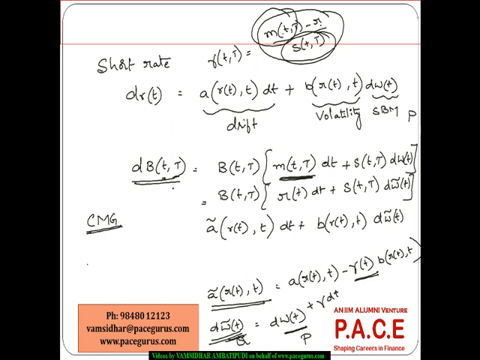Now that I know these are the risk neutral probability measures, I can very well give the pricing. If I want to see the zero coupon bond price, maturing at time T, dB(t,T) is coming out as B(t,T) times [r(t) dt + S(t,T) dW^Q(t)].